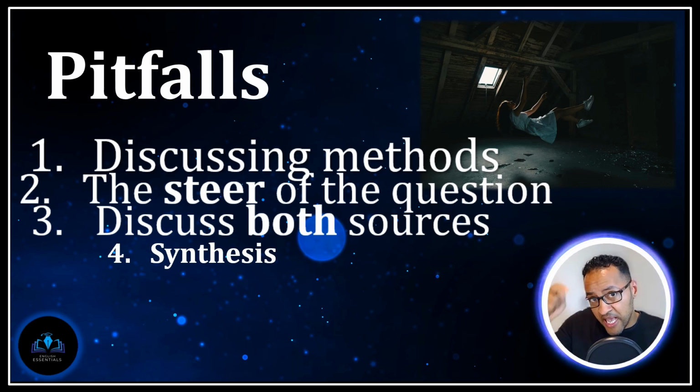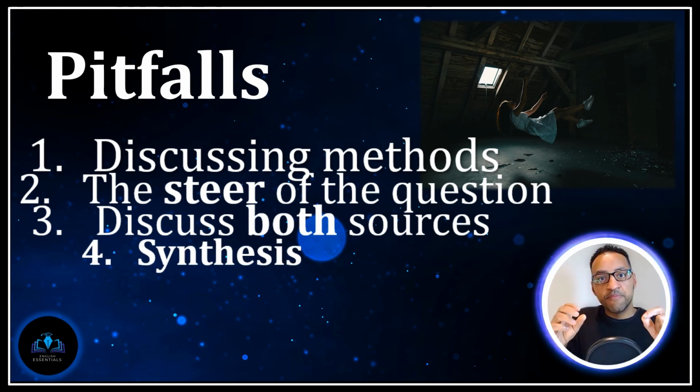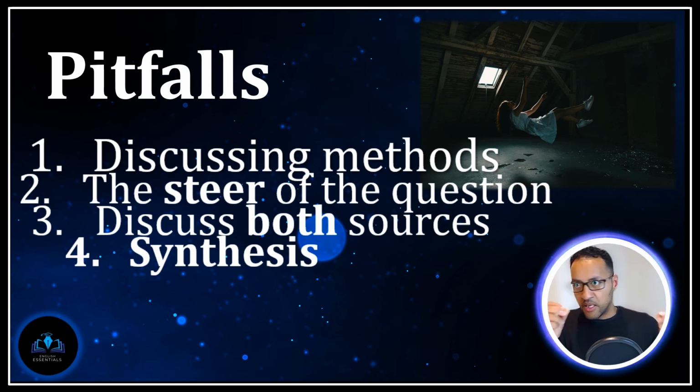Another thing that AQA have said they want to make sure that we do is making sure that we are not using these negations, if you will. You cannot say, in source A, it's like this, however, in source B, it's not like this. That won't work. So just be very, very clear about how we're doing that.